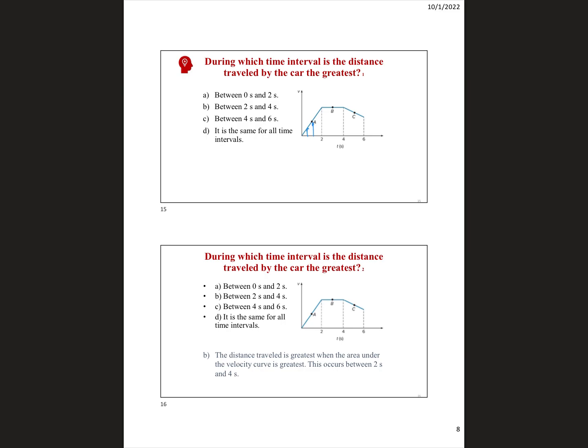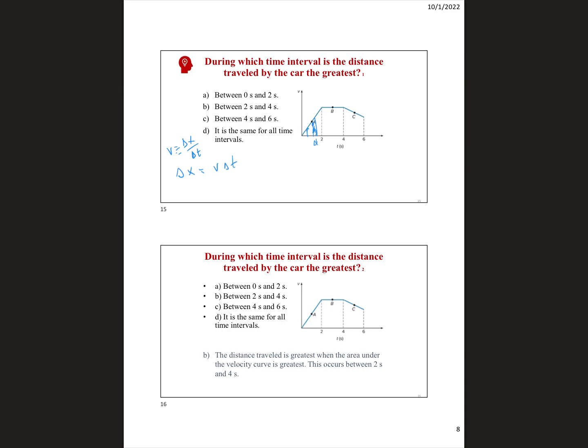And we saw that the displacement, delta x, is v times delta t, because v is delta x divided by delta t.